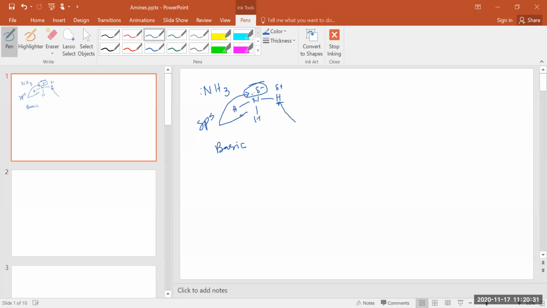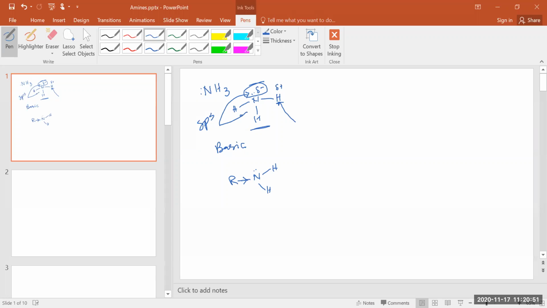First I will talk briefly about the basicity pattern of ammonia. When an alkyl group, R, is present, then it will have 2 hydrogens. The alkyl group is considered electron donating.